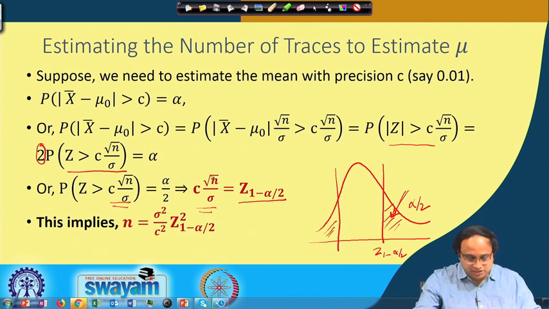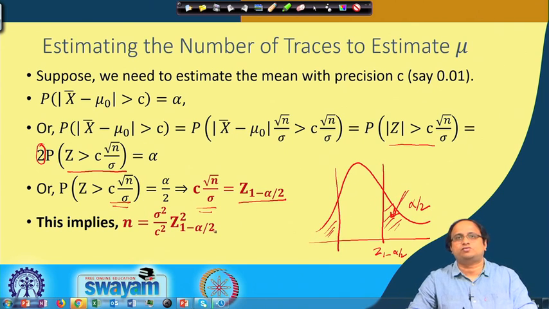And this immediately tells me that n is equal to sigma squared by C squared into z 1 minus alpha by 2 whole square. So, this gives me a closed form expression for estimating the number of traces required to estimate the value of mu.